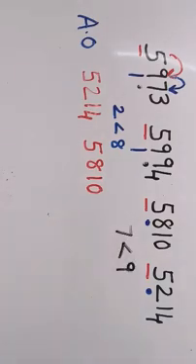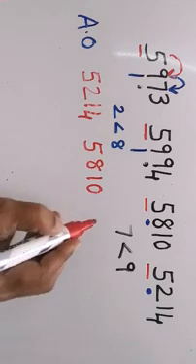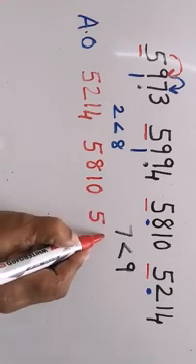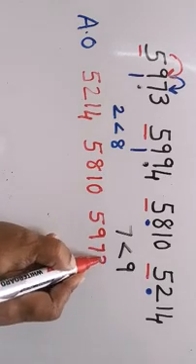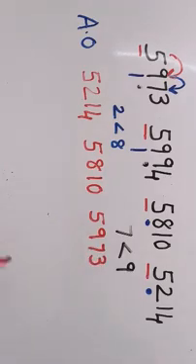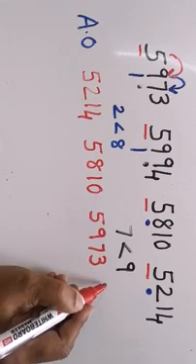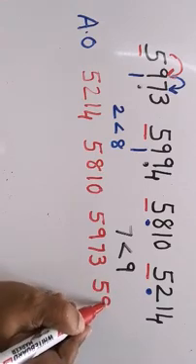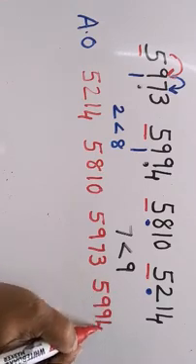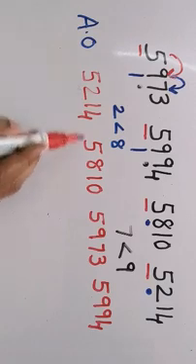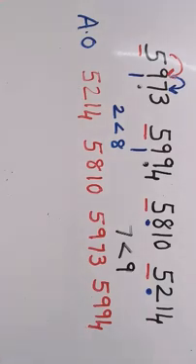So which number do I have to write first, children? 5973. And finally I have this number 5994. So from smallest to the biggest. Now descending order is very simple. Descending order is what, children?